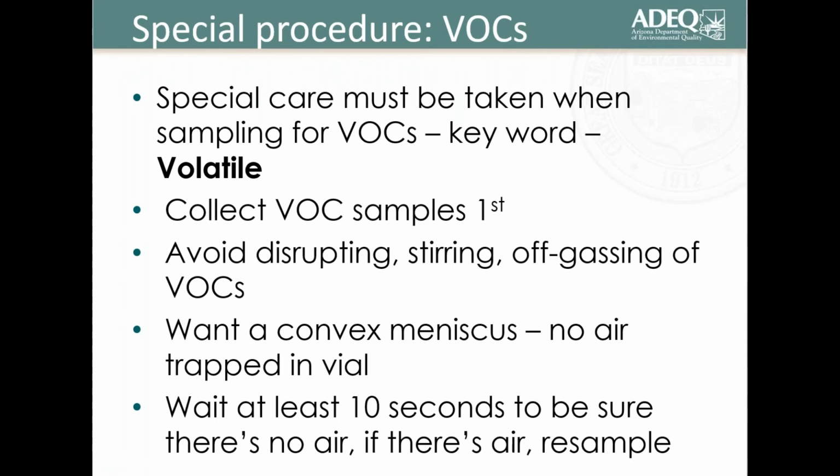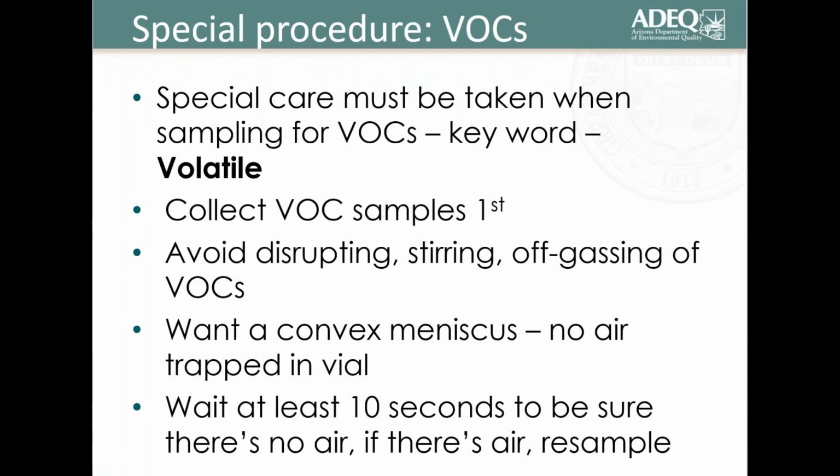And we want no air trapped in that vial. That's because any of those VOCs, naphthalene and so forth, we want them to stay dissolved in the groundwater. We don't want them in the air of the vial. We don't want to provide them extra air in the vial.